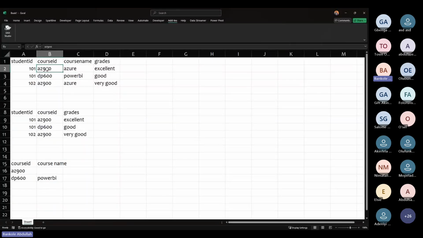Abdullahi Bankole, that is in mechatronics, wrote the AZ900 exam. Abdullahi Bankole is 101 and he has written AZ900. It's only the Abdullahi Bankole that wrote the AZ900 I am looking for, not the Abdullahi Bankole that might have written the Fabric exam. Are you following me, Mopelade and Bernard?